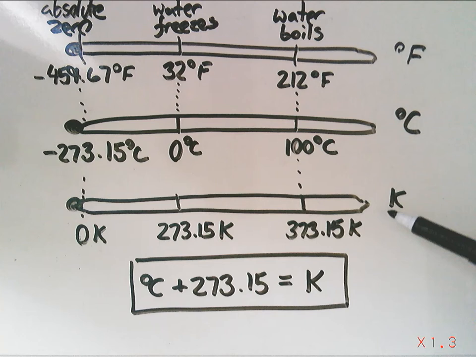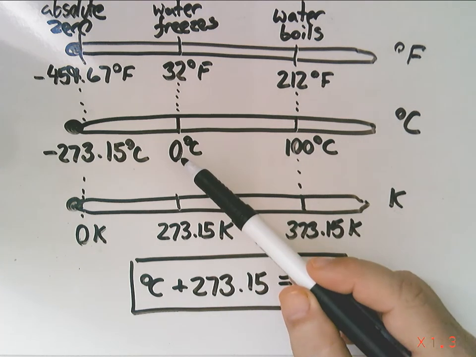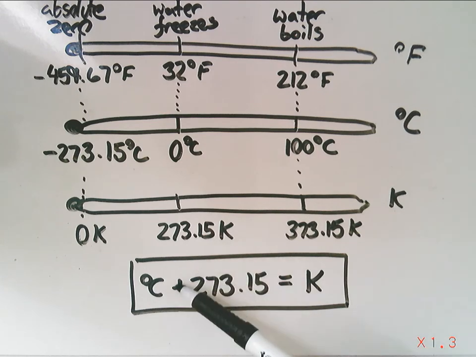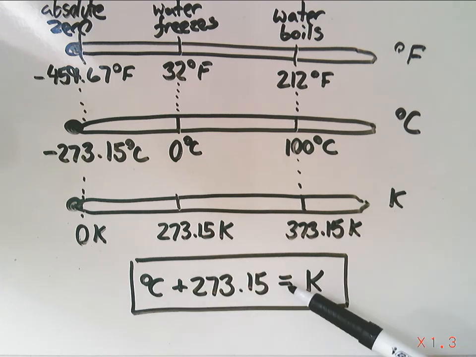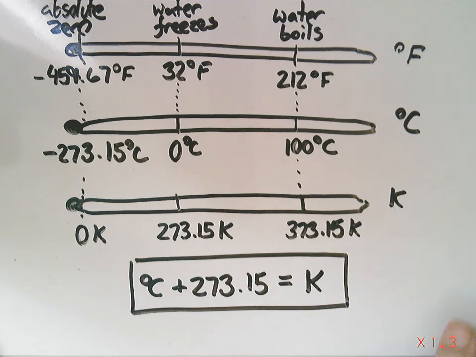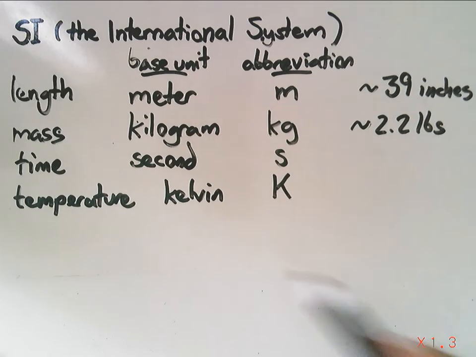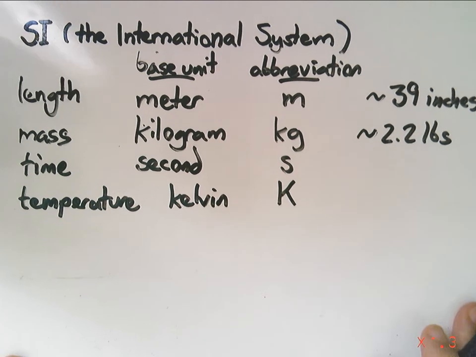All of our equations will blow up. We'll get division by 0 errors in them if we use the Celsius scale directly. So I will use the Kelvin scale, and we're going to need to know how to turn our lab readings into kelvins so that we can do that. All right. So that's the Kelvin scale.